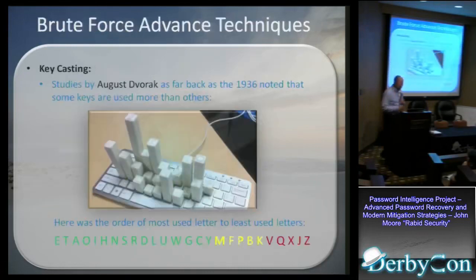We've got to have some other strategy. All right, now this is where we're getting some of the new work on this problem. August Dvorak, back in 1936, discovered that when we type, we don't type with the same frequency on our keys. Pretty straightforward. The other thing we have a tendency to do is when we make passwords, we need to make them memorable. So they fall into English rules or whatever language you use, okay?